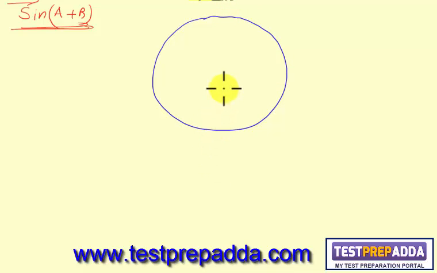This is the circle. Let this be the center O and a point P on the circle, another point Q on the circle. I will join O with Q. I'll take one more point on this circle. Let this be R. Okay.